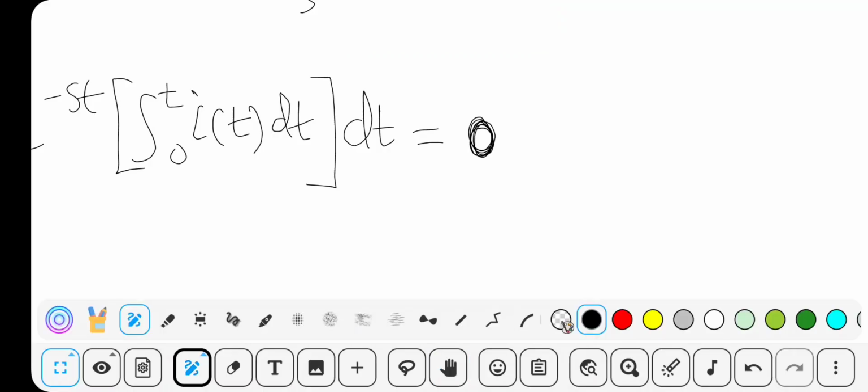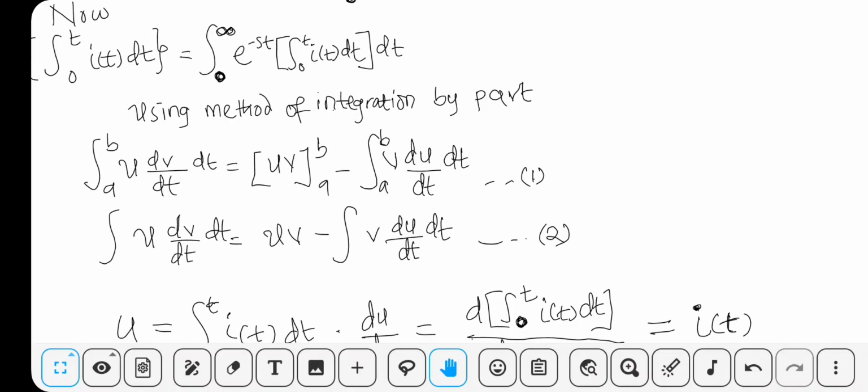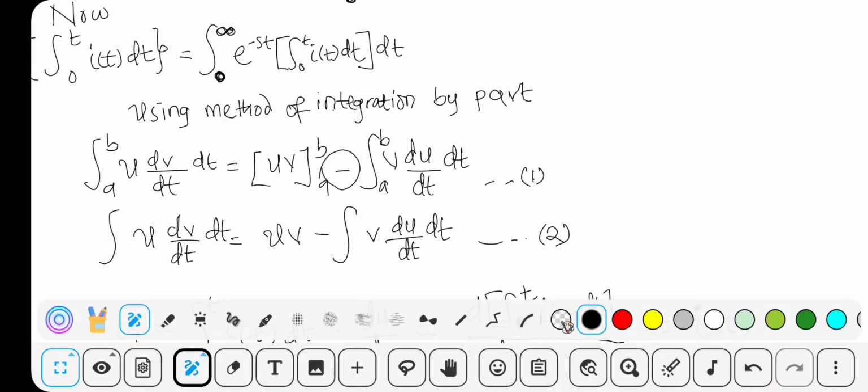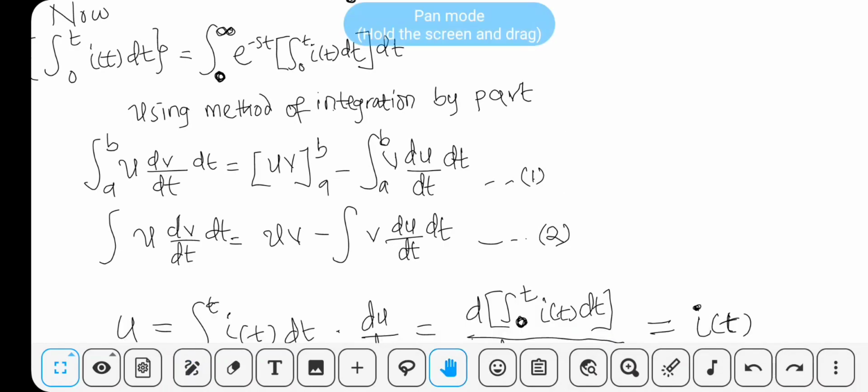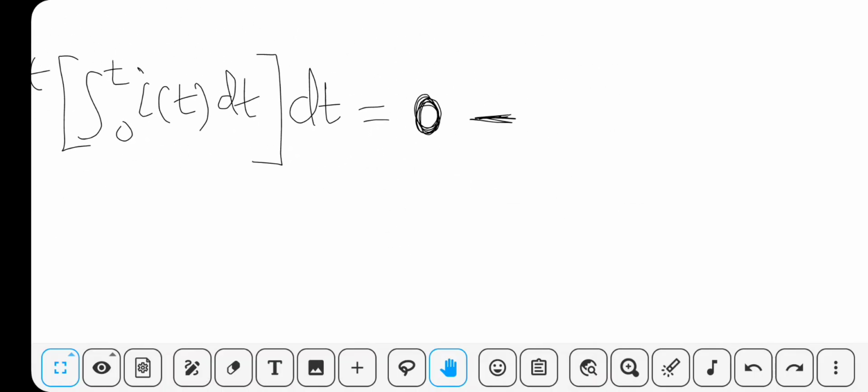And then we had minus, we have minus here in the formula, that's why I added that minus sign.